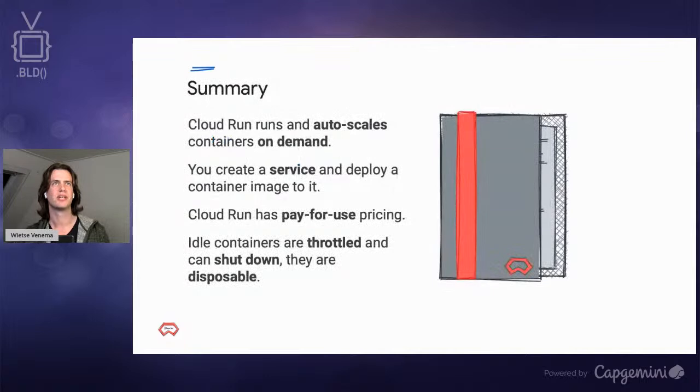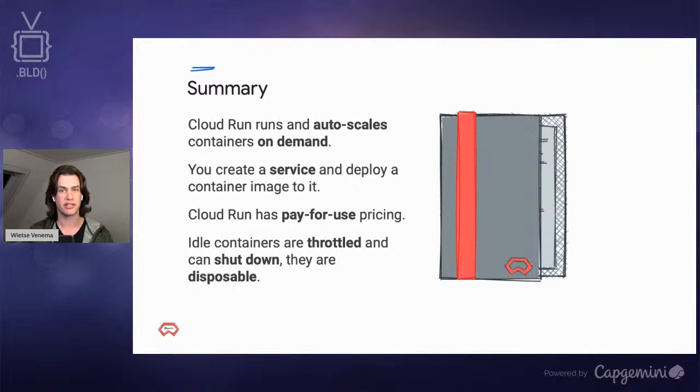All right, so to summarize, before we head on to the demo, you learned about container images, how they are a package of your application and everything it needs. Your application can be written in any language, using any library and any binary. Cloud Run takes a container image and turns it into an HTTPS endpoint. It expects your application to listen to port 8080 or another one and respond to HTTP requests.